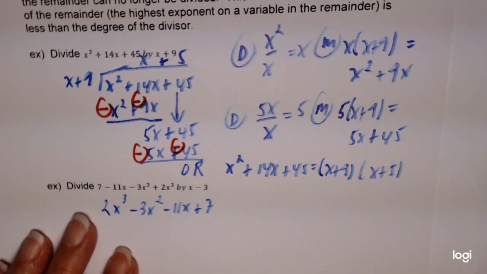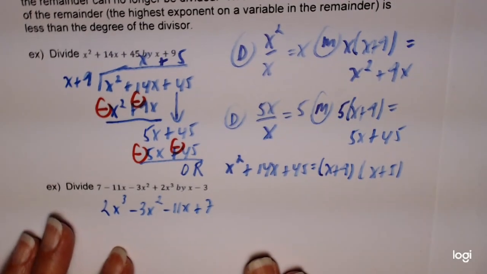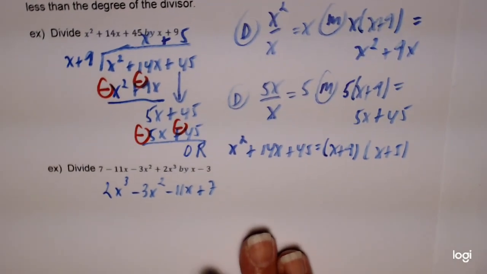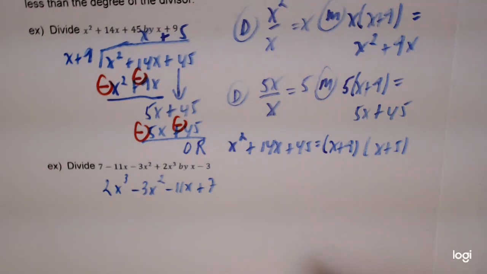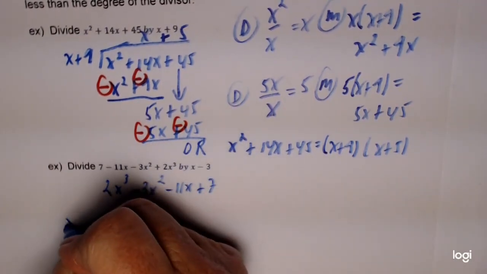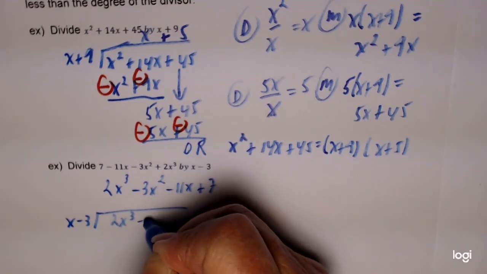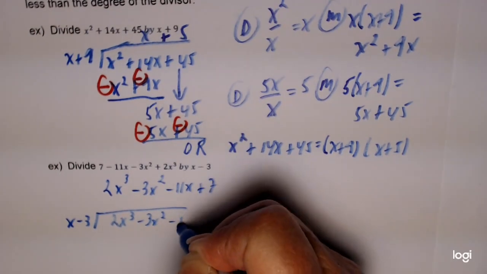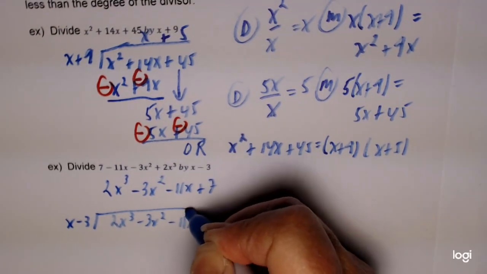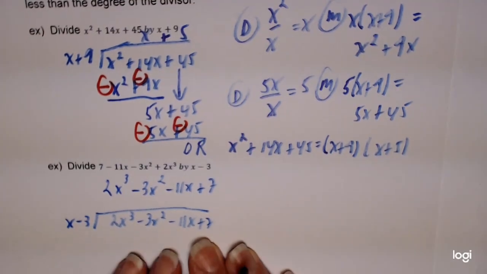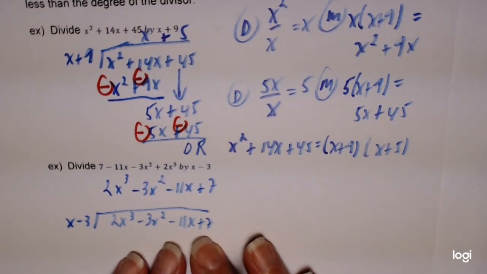We didn't do any division here, but in order to start the division process, we did have to rewrite it. So now let's set up our division. We have x minus 3, and then 2x cubed minus 3x squared minus 11x plus 7. So I just rewrote our dividend down.